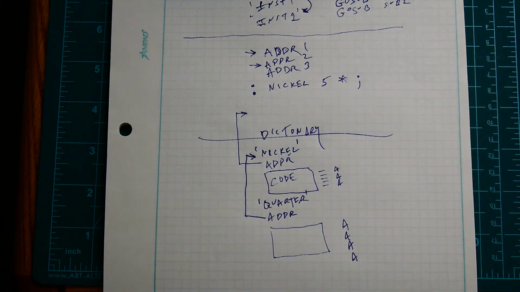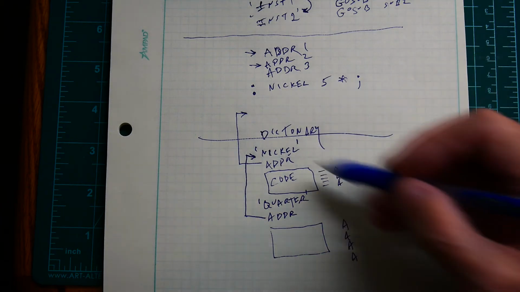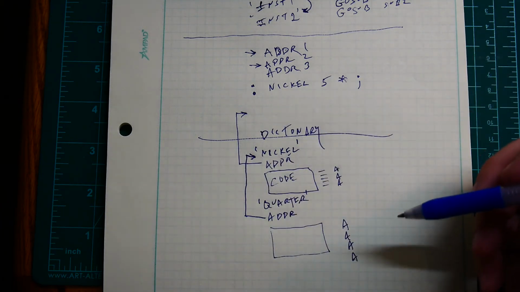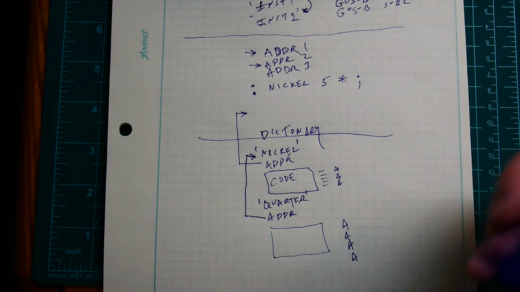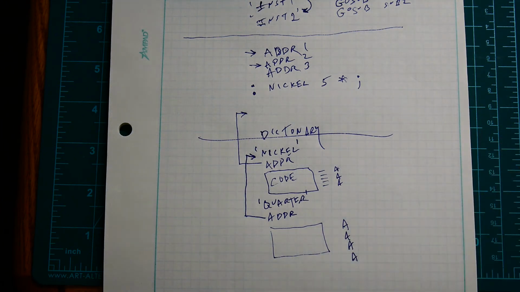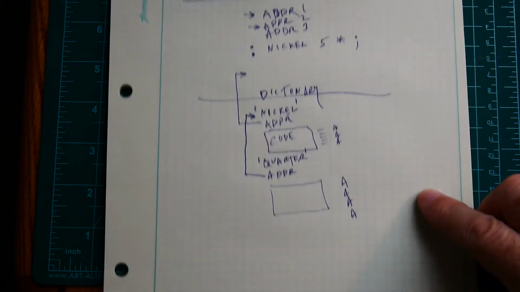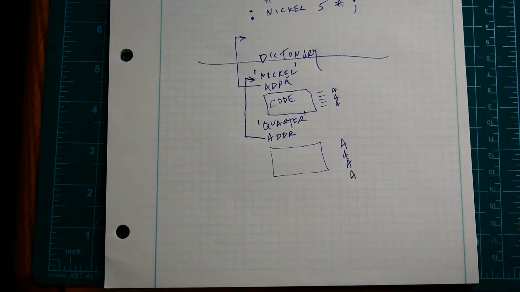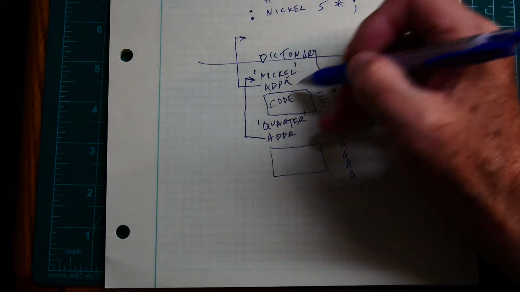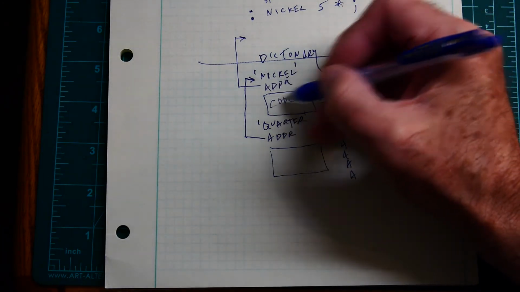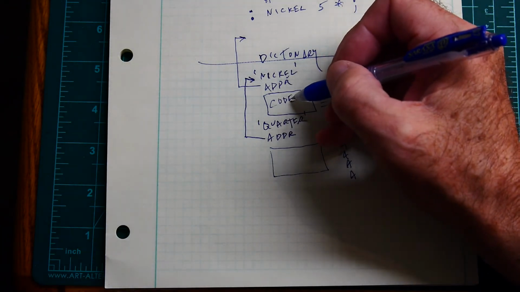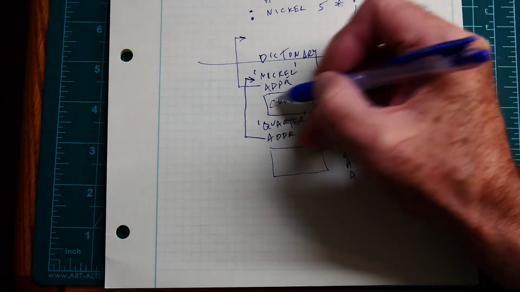Okay, so let's go look to see how this works. We'll look at the actual version of Forth. There is one other thing you need to know before we do that. If the code is just assembler, then it's fine. You just put in the code.